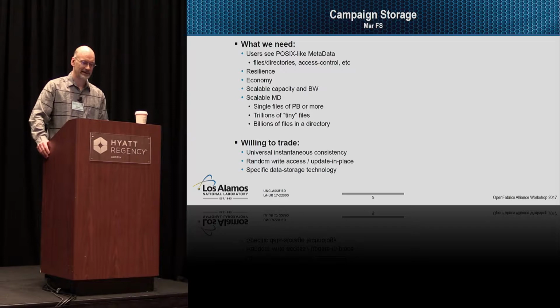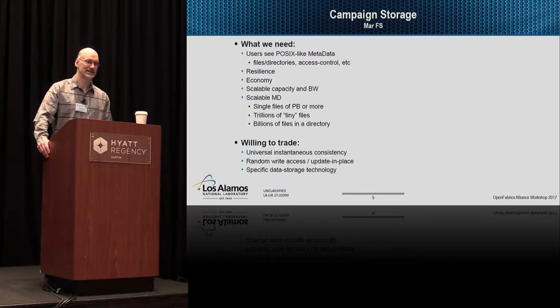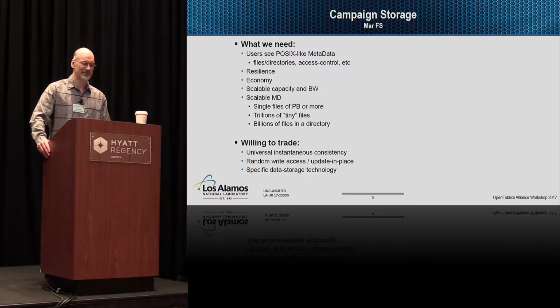So what we need are files and directories, the usual access control that everybody's familiar with. We want it cheap, we want it resilient, we want it high capacity and bandwidth, and we have some special metadata needs.